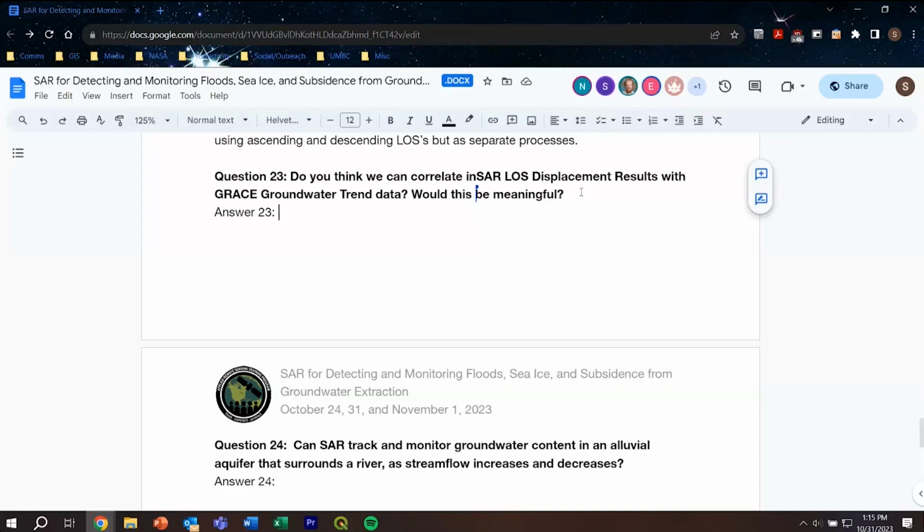GRACE measures the groundwater change, mass change at about a 400-kilometer spatial scale, whereas InSAR is measuring change on a 100-meter spatial scale. So that's a factor of 1,000 difference in spatial scale. So it would require some thought how you can combine those effectively.